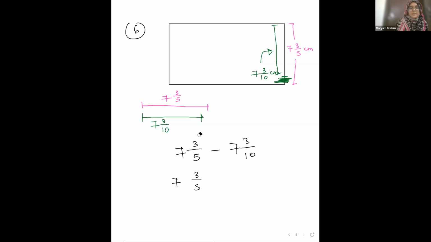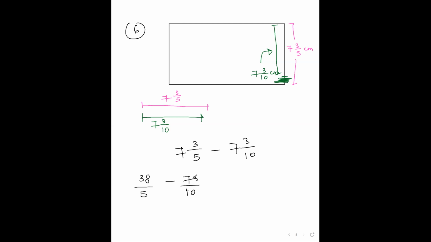But let's not do it like that, because there are some places where you cannot apply this shortcut, or you can, but with a certain caution. Let's just convert into improper fractions. 7 5s are 35 plus 3, 38 by 5 minus 73 by 10.